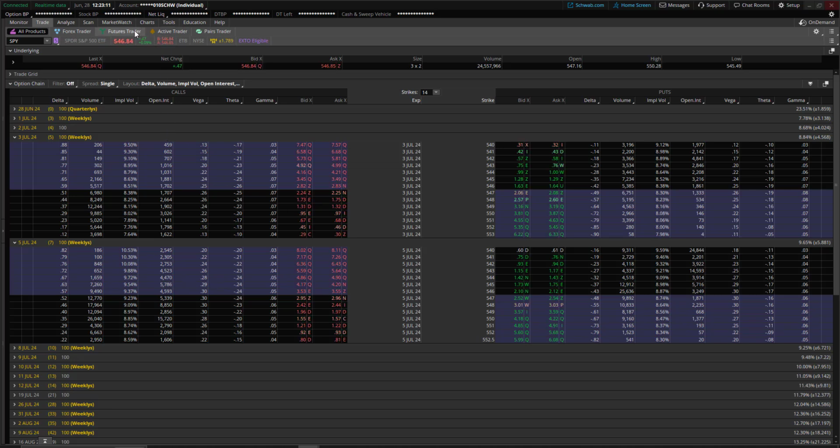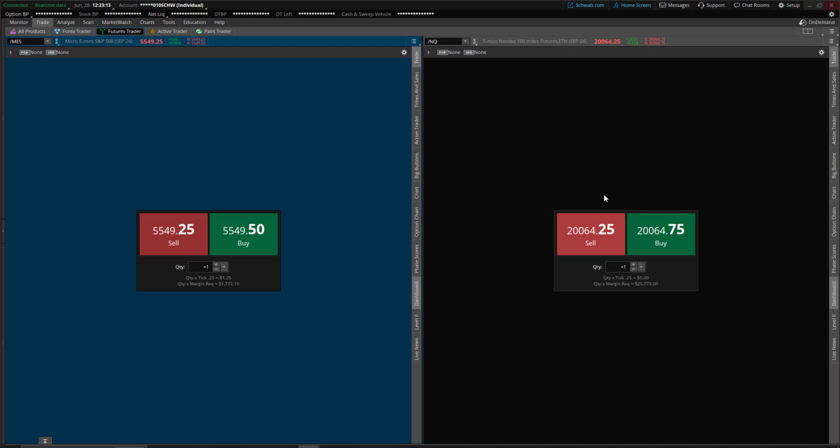Lastly, if we're looking at futures contracts, I'm going to go to Futures Trader here. We're looking at MES. Instead of trading SPY, you would trade a futures contract called MES or ES. How this works, you're going to see a tick value amount. So 0.25 equals $1.25. So every point is going to be $5, meaning if I think that the S&P 500 or MES is going to go higher, I could buy, and every time this moves 0.25, I am making $1.25 in my direction.